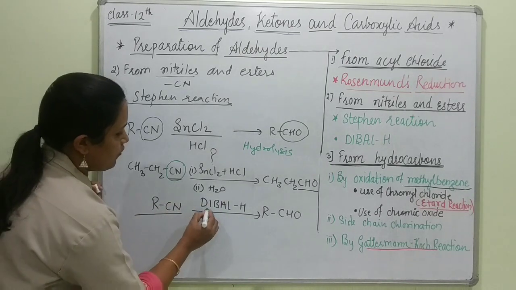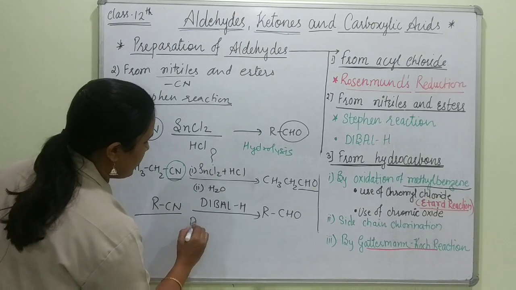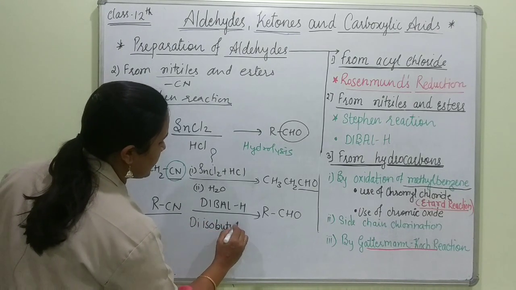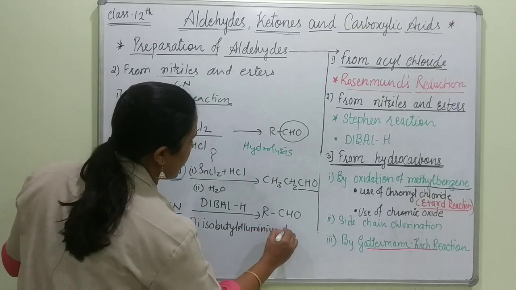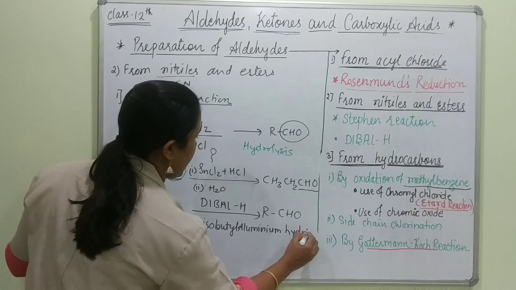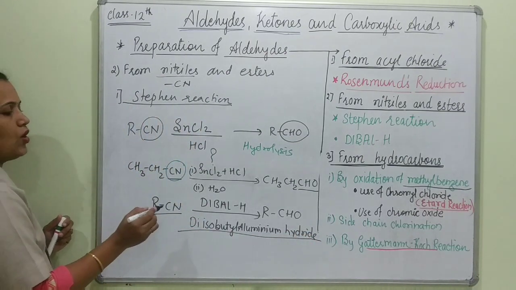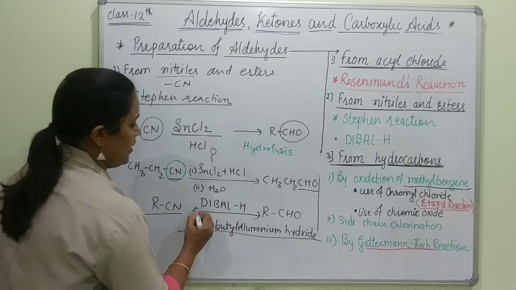Now let's see what the full form of this DIBAL-H is. DIBAL-H means diisobutylaluminium hydride. No need to memorize the formula of it, simply keep in mind DIBAL-H.